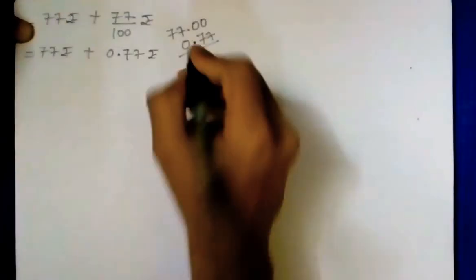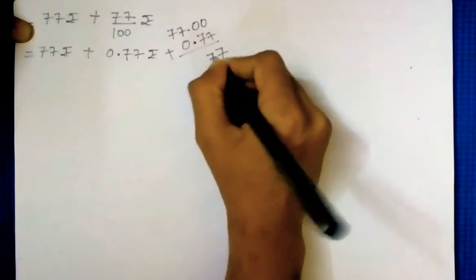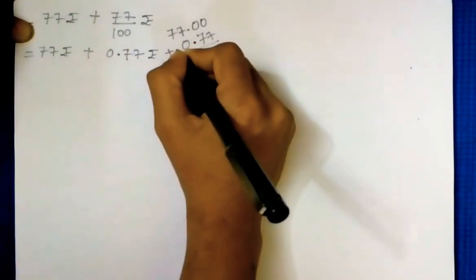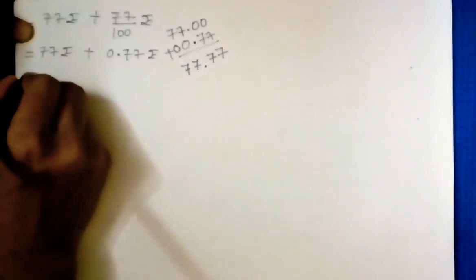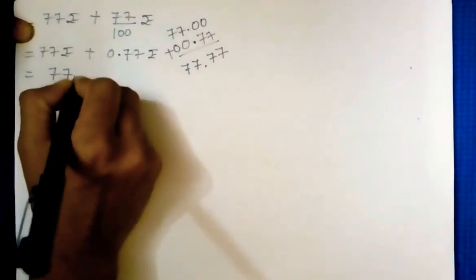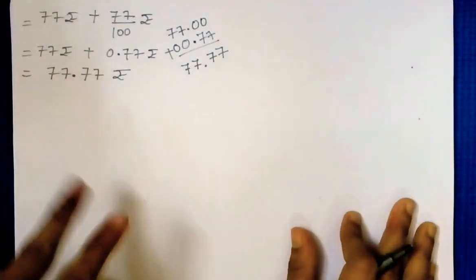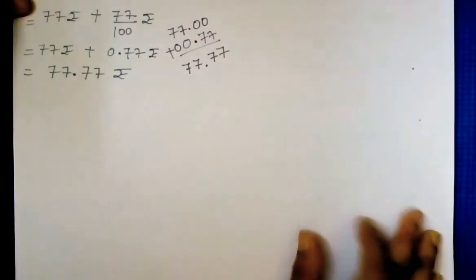Then add carefully. 0 and 7 is 7. Again 0 and 7 is 7. Again 7 and 0 is 7. Here there is no number, you can keep 0 or directly bring 7 down. So the answer is 77.77 rupees. This is your final answer of the third one.